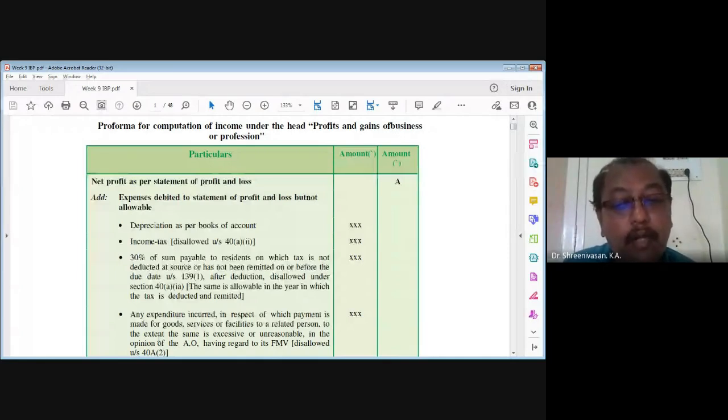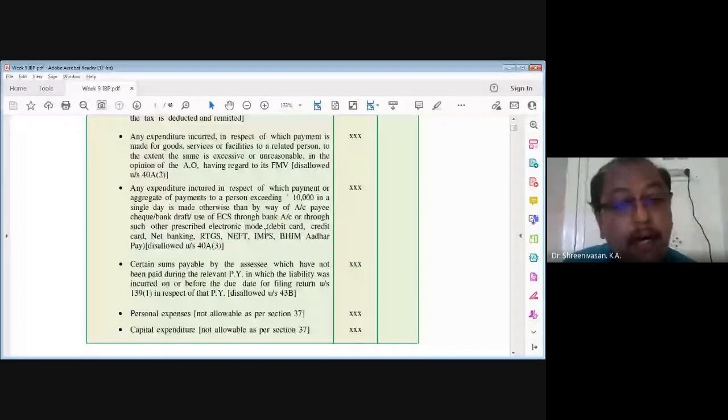In modern cases, electronic modes such as debit card, credit card, net banking, RTGS, NEFT, IMPS, BHIM and other pay apps are under section 40A subsection 3. Otherwise they are all disallowed, and added back to your net profit.